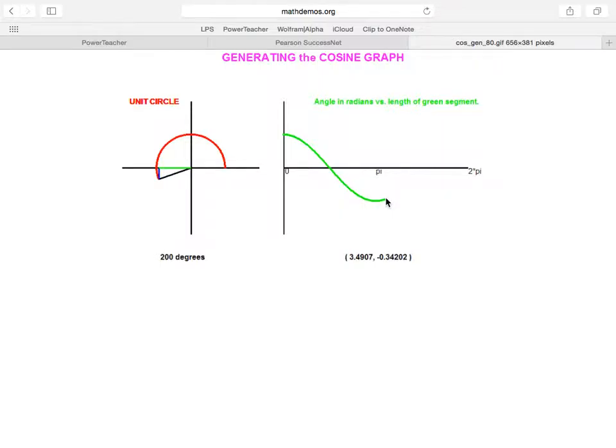And when it hits pi, which is 180 degrees, it starts getting shorter and shorter again. You see that right there? Shorter and shorter. When it hits 270 degrees, it starts getting longer and longer towards the positive side, and it goes back to 1.